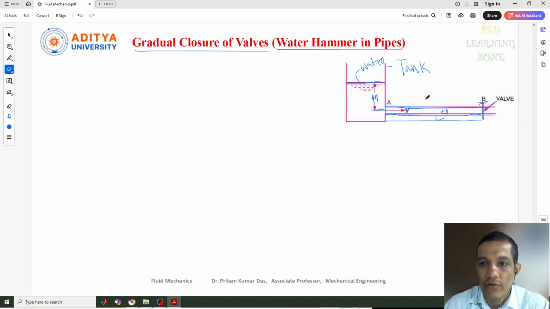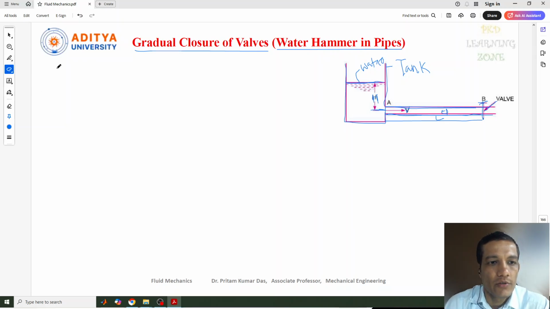As I told you, this is the tank or chamber, this is the surface level of the water, this is the inlet part, this is the outlet part, and this is the valve connected. Let me consider some terminology used for this diagram.